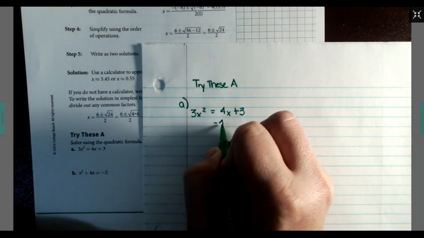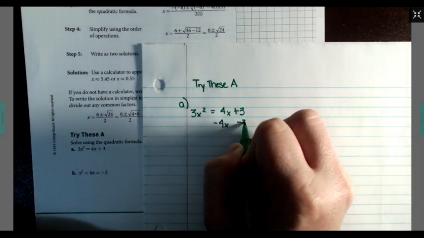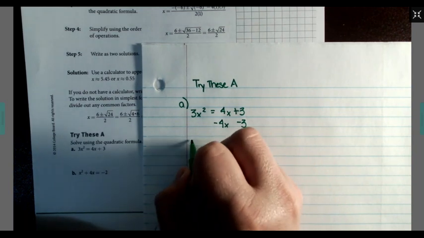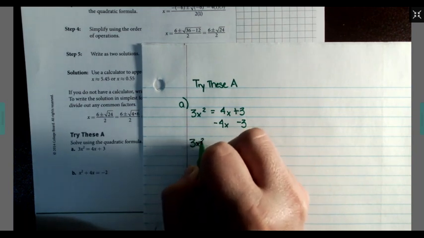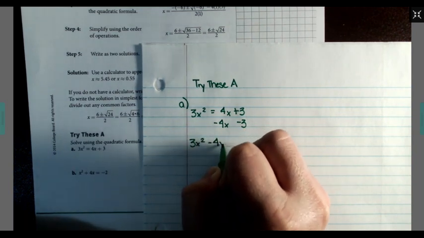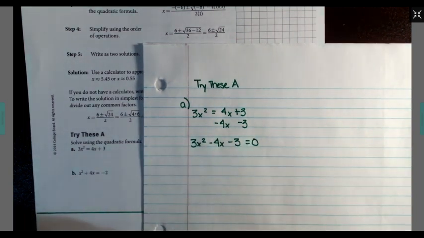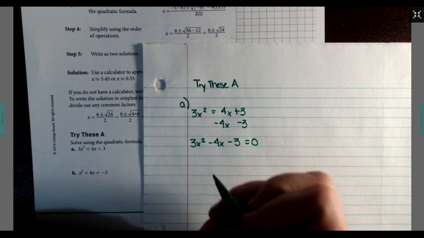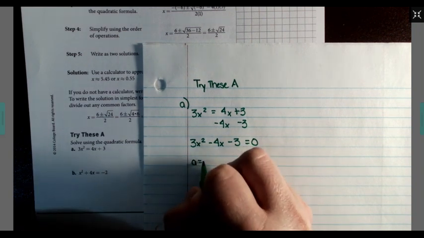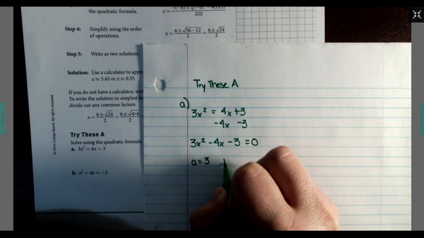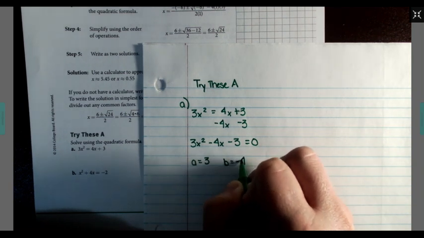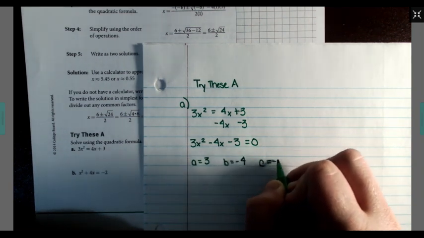So we're going to subtract 4x and we're going to subtract 3. What happens there is it now becomes 3x squared minus 4x minus 3 equals 0. The second step says identify a, b, and c. A is 3, b is negative 4, c is negative 3.